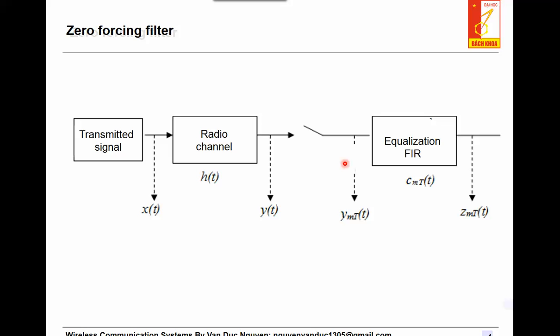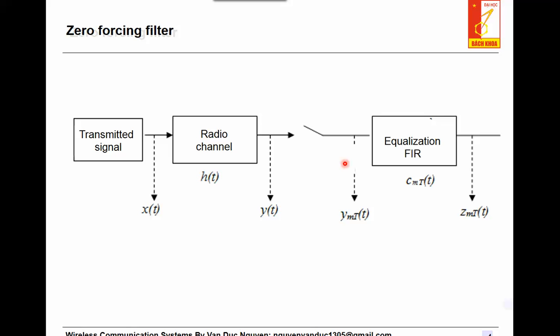And in the block structure, we can model it as follows. We have a transmitted signal, we have a radio channel, and we have a receiver signal. The signal can be sampled before the equalization filter, or after the equalization filter.